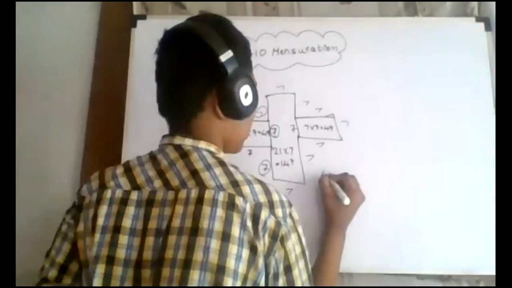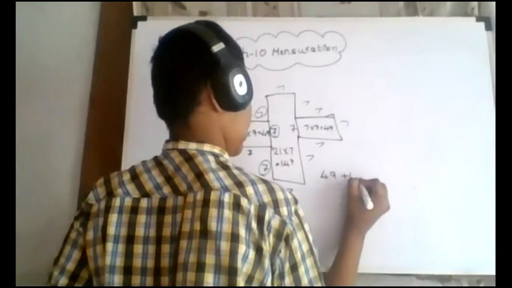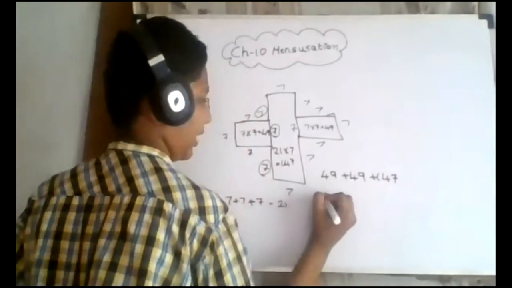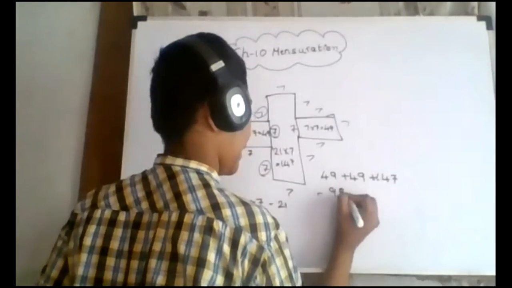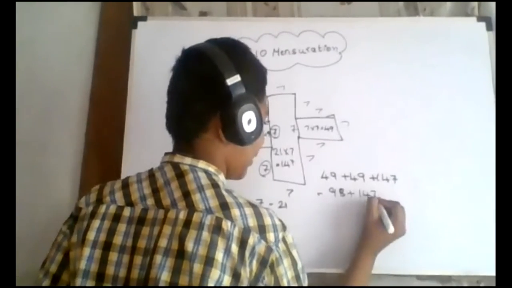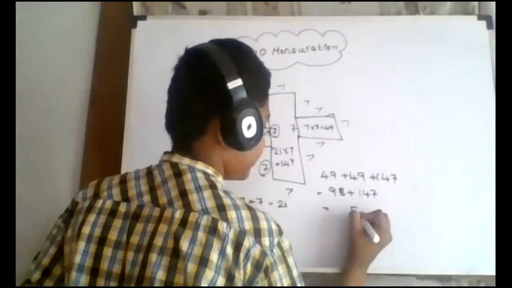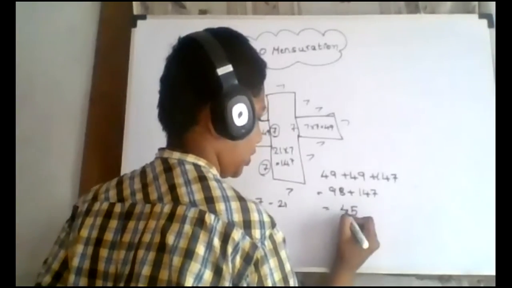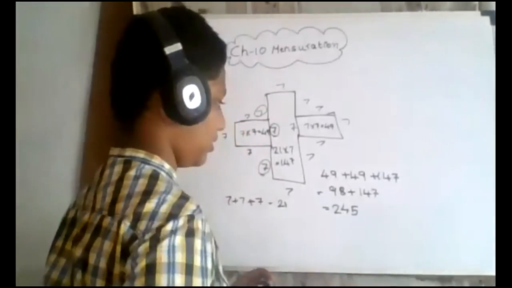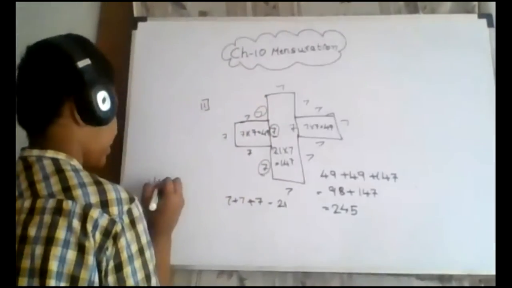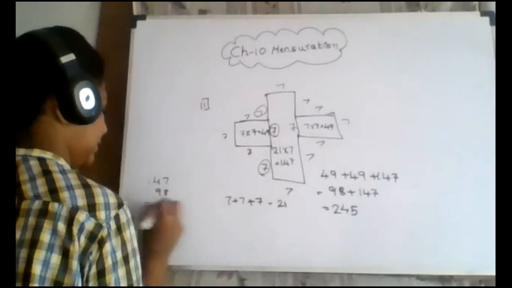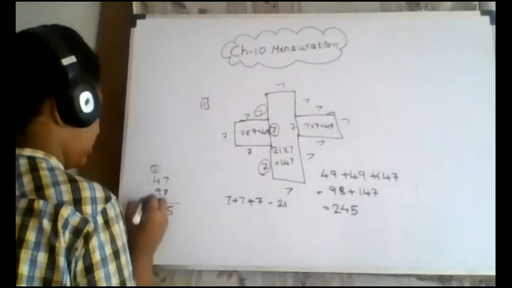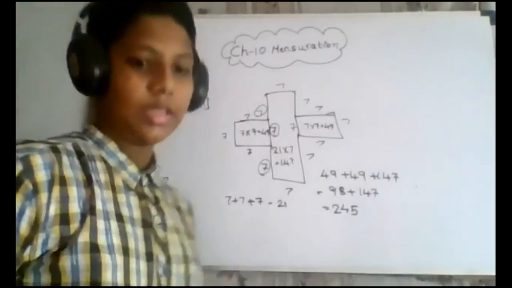What is the total area? 49 plus 49 plus 147. 49 plus 49 is 98, plus 147 is 245. 245 is the answer.